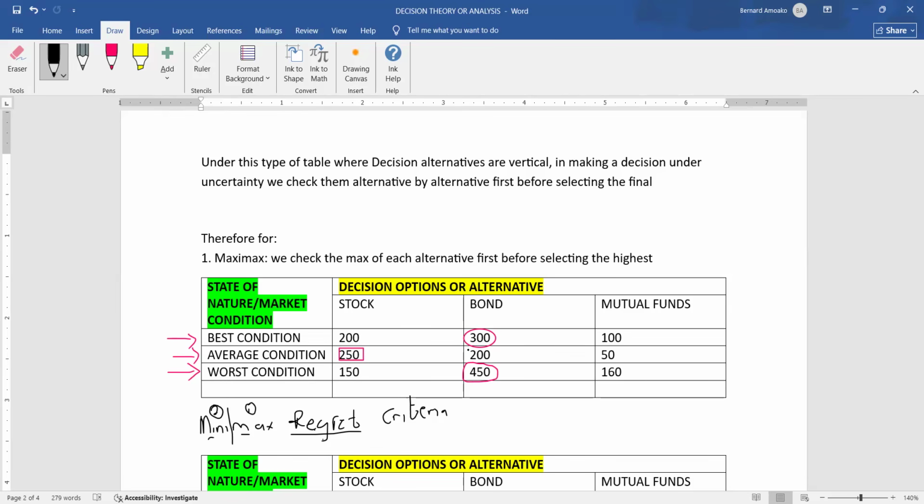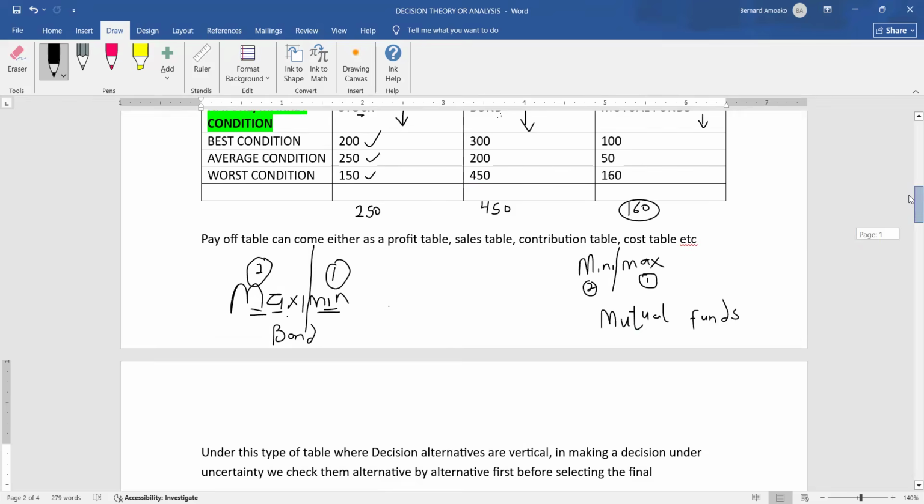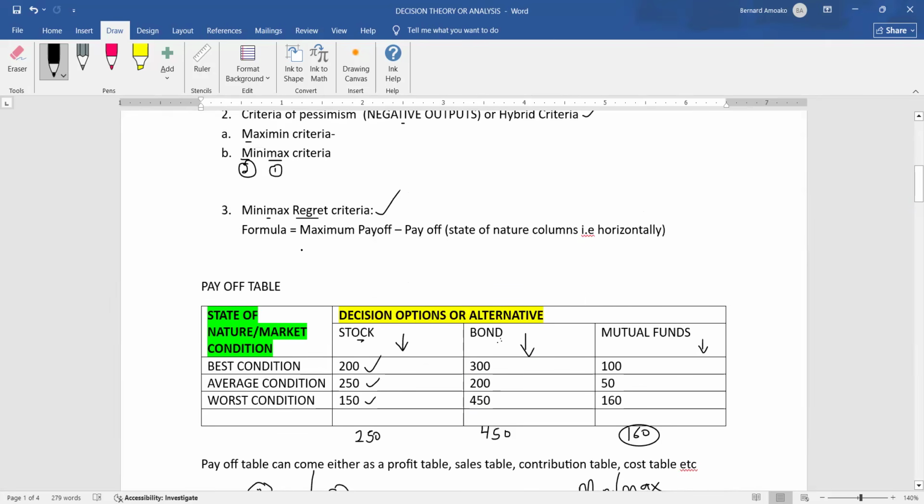Then we prepare them lane by lane. This has a value of 300. Assuming I don't select 300 and I go in for 200, I'll be regretting. And that is the difference. The maximum payoff that you select minus the payoff at that level.